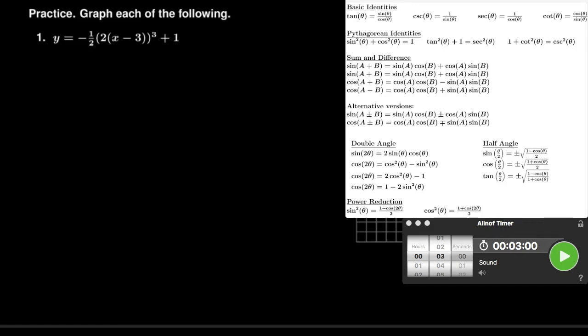I'm going to just graph this one, and then I think I'm just going to end the stream because it's lagging a lot. It might partially be because I'm streaming and recording at the same time.